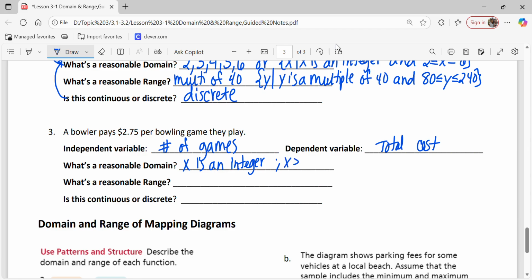And it could be x is greater than 0. 1 game, 2 games, 3 games. And then y is a multiple of $2.75. And then again, it has to do with your independent variable, number of games, 1 game, 2 games, 3 games. It would be discrete.